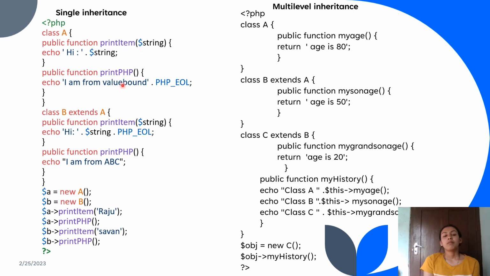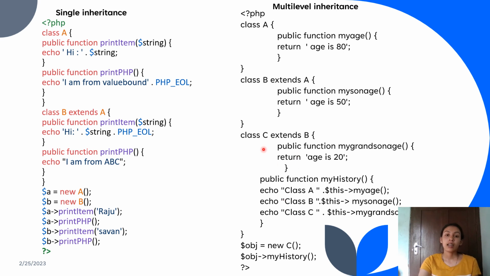So basically we don't have to create an object for class A, since we can use the object of class B to call the functions of class A. But in this example we have created an object for each class, class A and class B. So using that object we can call the functions of the respective classes.